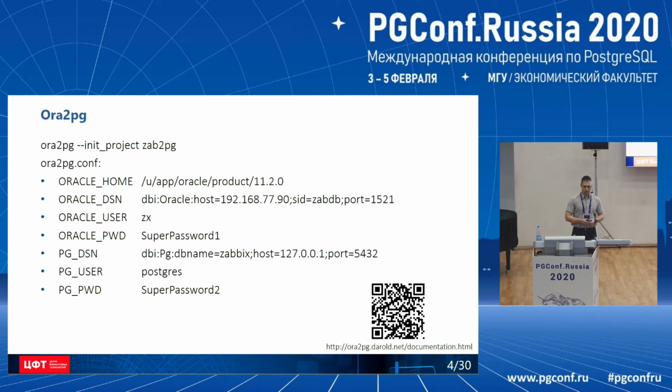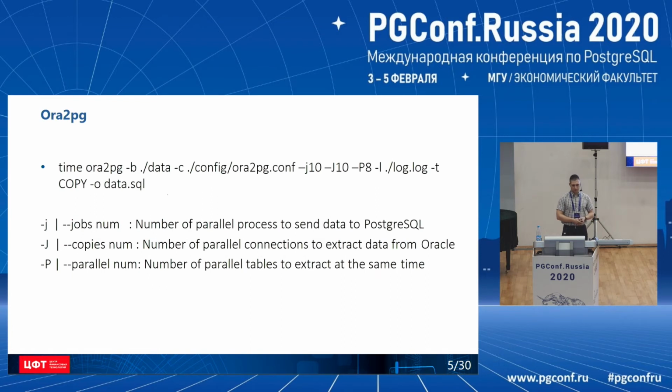In and of itself, Ora2Pg is a very simple application. You create a project, you set the parameters of the connection with one database and another database, and you just launch the conversion. The conversion can be launched in a variety of ways. You can also use the parallel option.